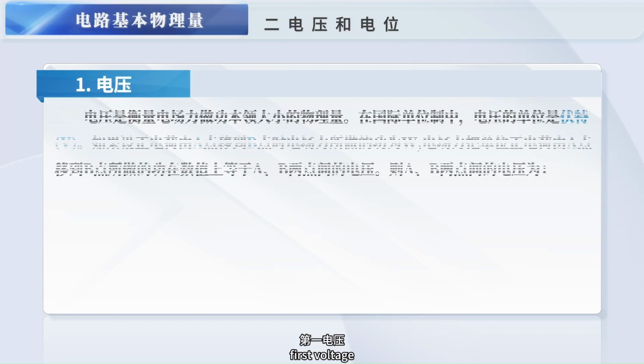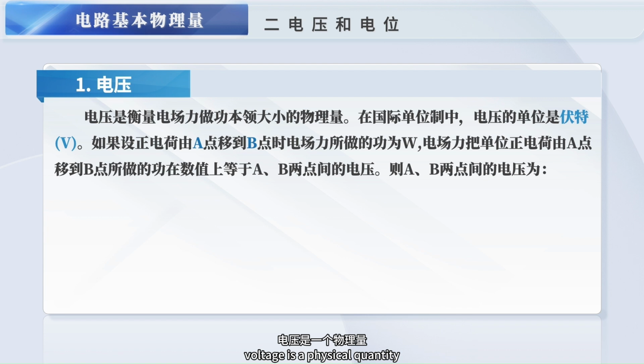First, voltage. Voltage is a physical quantity that measures the ability of the electric field. In the international system of units, the unit of voltage is volt.